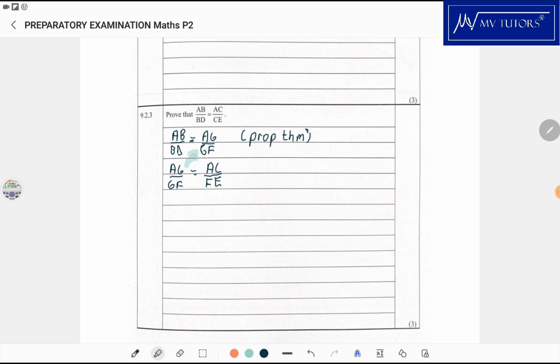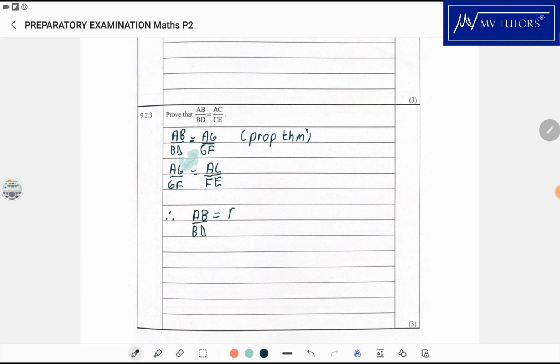These two are literally the same. So I'm going to conclude that whatever they are equal to are actually equal. And that was the question. Therefore, I'm going to say AB over BD is equal to, but I'll write it like how they did in the question.